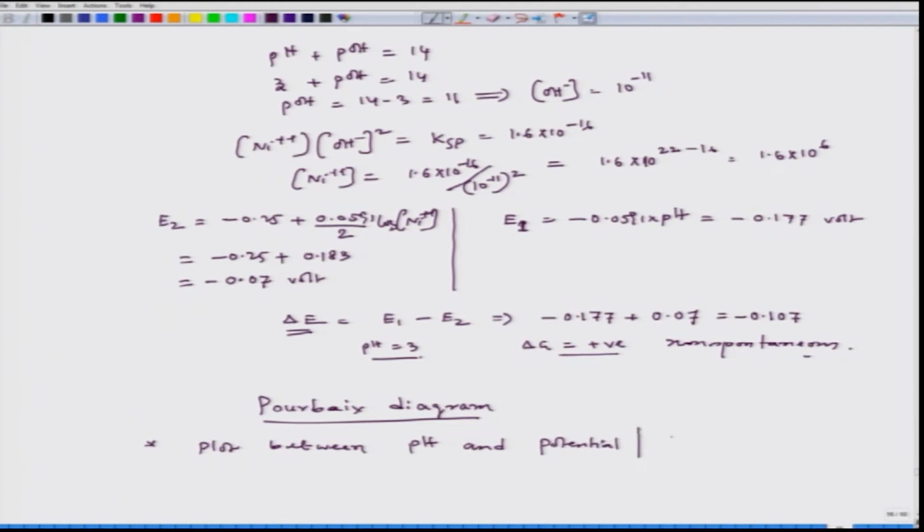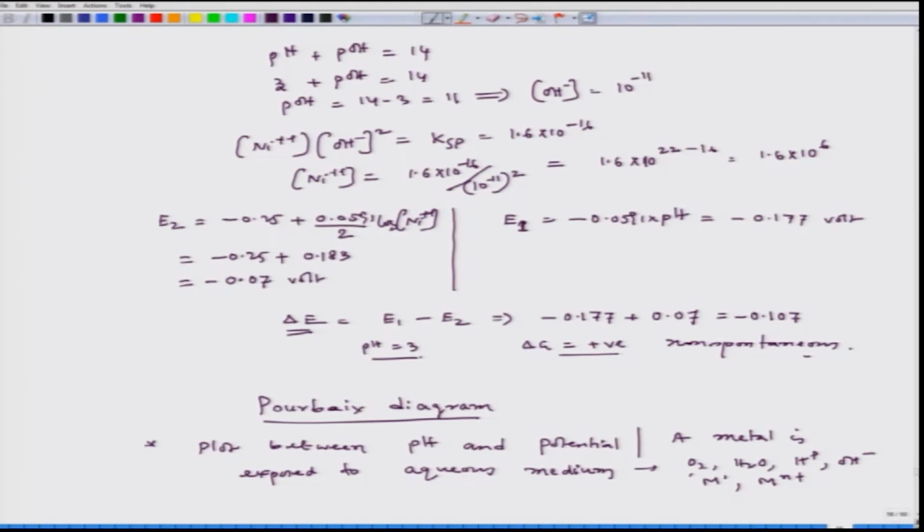When a metal is exposed to aqueous medium, we take the following species: oxygen, H2O, H plus ion, OH minus ion, and of course metal and metal ion. If we do not know the oxidation number, we can consider M n plus ion, where M is the metal.